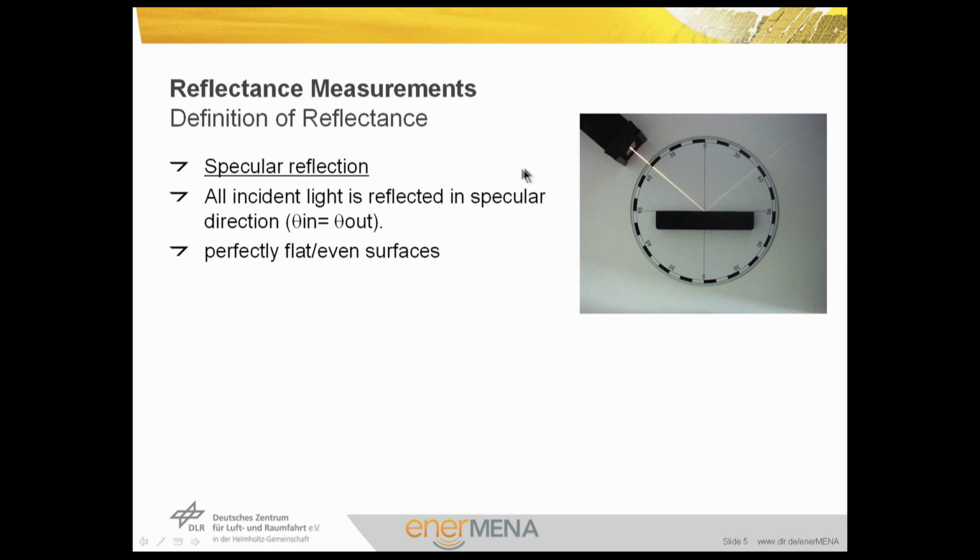One is the specular reflectance, which refers to the reflected light that is reflected in the same outgoing angle as the incidence angle, where we have here the incidence light beam and then the specular reflected light beam, according to the law of reflectance, where incidence angle equals outgoing angle. This happens on perfectly flat surfaces, like mirrors.